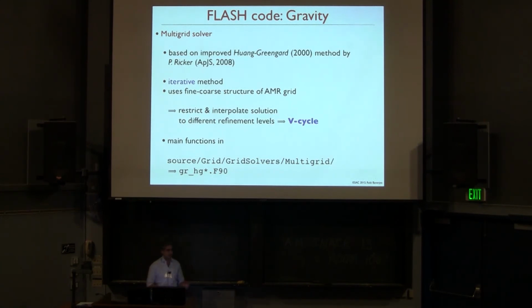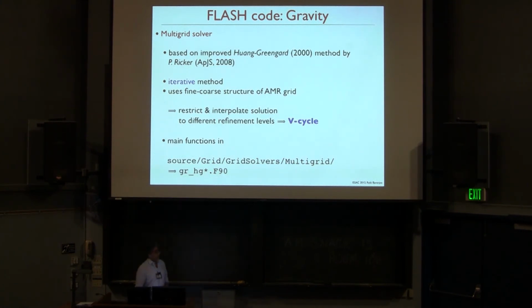This is the classical solver which we have used for many years. There's a new one by now, but this is a solver particularly useful for 3D Cartesian problems with a lot of structure in your density. It doesn't assume any symmetry.